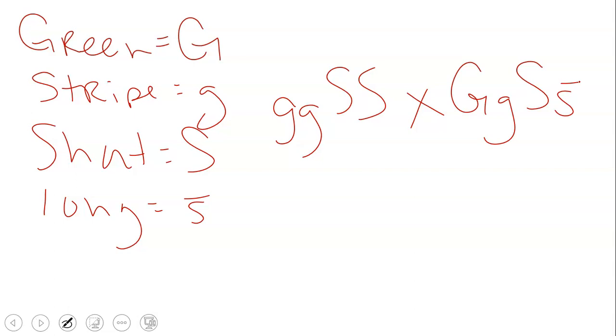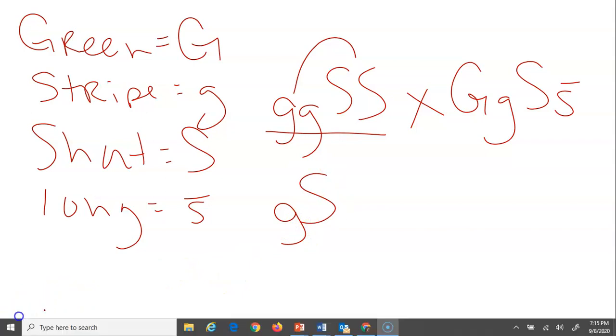Let's go ahead and put this parent on the left-hand side because it's easier. This parent only has little g and big S for its alleles, so all of its gametes are going to be little g, big S. And then my second parent, I have to figure out all these.